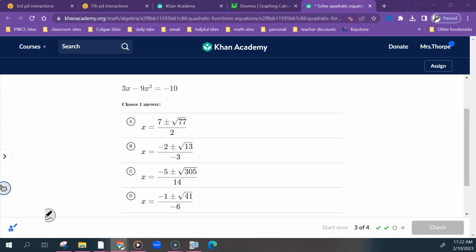With the Khan Academy quizzes, it prefers that you move anything over to the left so that it equals 0 on the right. But if you didn't do that, I would show you how to do that, I think, on the next one. So how would we get rid of the negative 10?